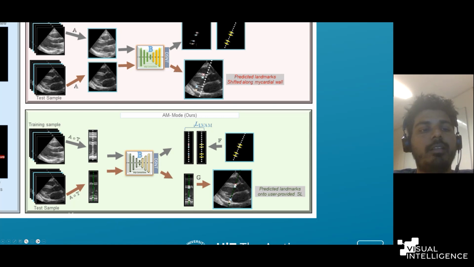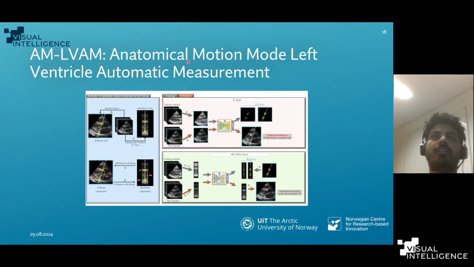But the issue with this approach is that for the training time, we derived the scan line from the coordinates which are already provided. But at the inference time, a user needs to provide a scan line.